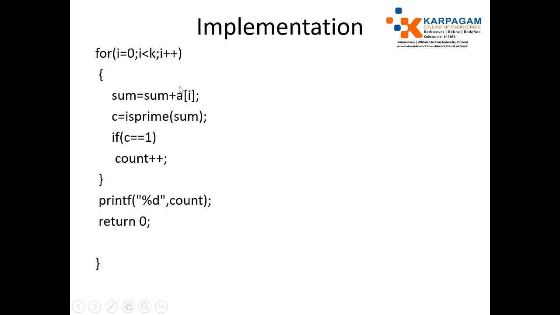First start from 0. Okay. The A of 0th position you have to know. Now it is summed with the sum value variable and checked whether it is prime. If the number is prime, just store the value, return the value in the C and check the condition. If the number is prime, it will increment the counter by 1.